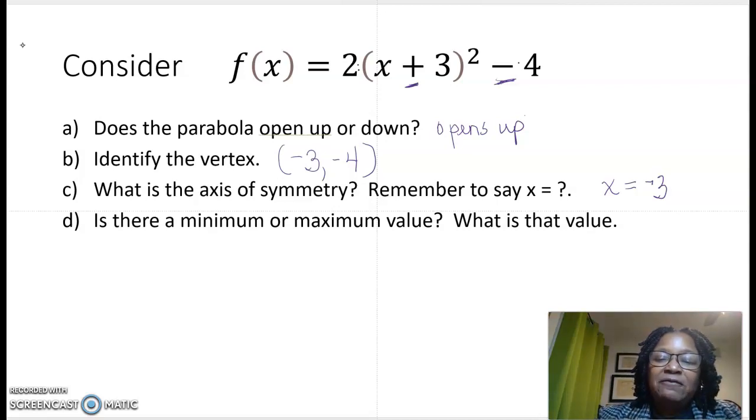Well, because the graph opens up, that means the vertex is at the bottom, and therefore you have a minimum value. And that minimum value is always equal to the second coordinate of the vertex. In this case, that will be -4.